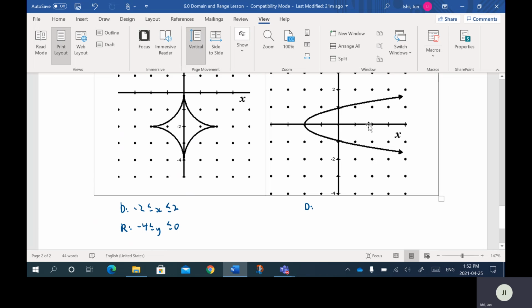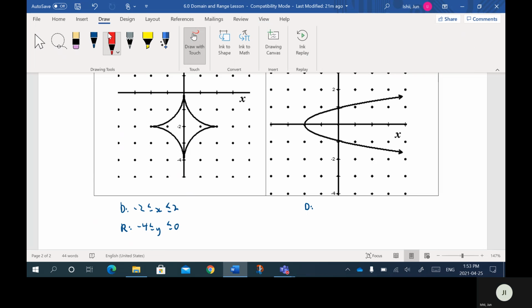All right. Last one here, domain. Going left to right, it starts at -2. And it's a function. Now these arrows indicate that the function goes to the right forever, but they also go up and down forever as well. So the domain in this case is from -2 on. So x is greater than or equal to -2 is the domain.